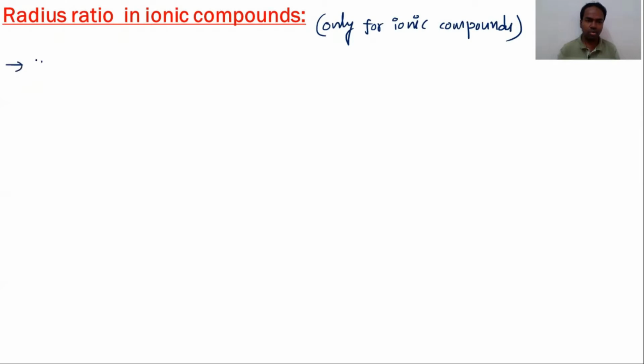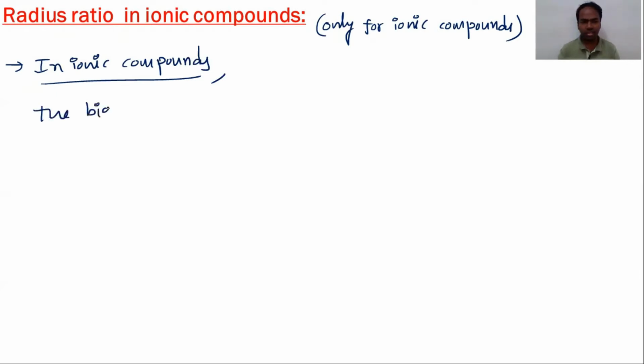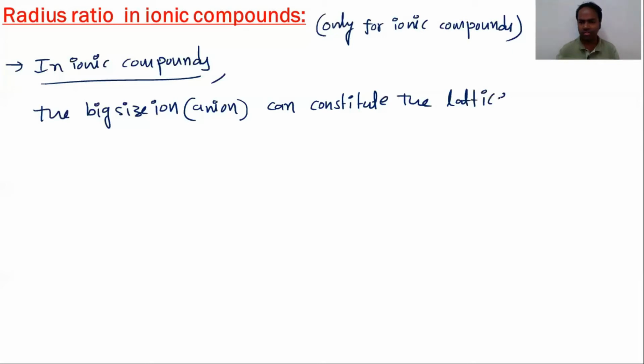In ionic compounds, generally the big size ion is always an anion, and it can constitute the lattice, the crystal lattice.